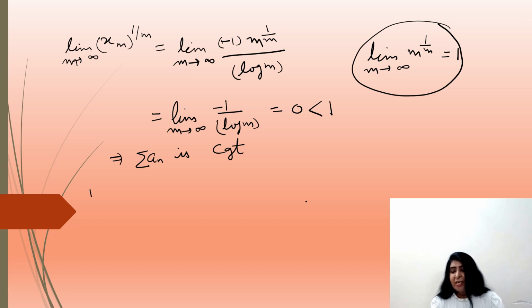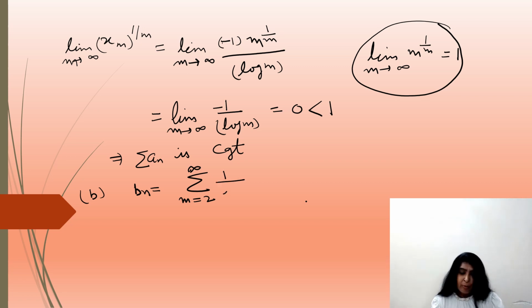Now let us take the next part. Next part is Bn, which is equal to sigma m varies from 2 to infinity of 1 by (log m) raised to power m.